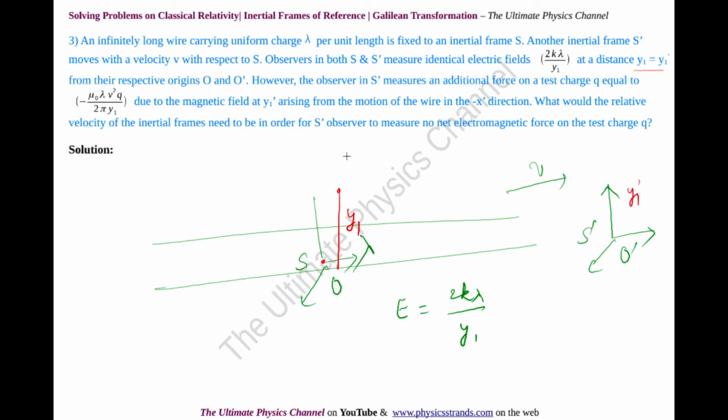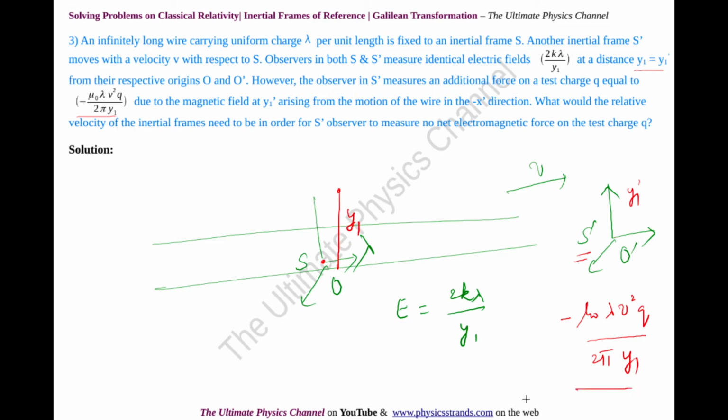However, the observer in S prime measures an additional force on a test charge Q equivalent to this expression. So there is an additional force component for the observer in this frame of reference, that is minus mu naught lambda v squared Q over 2 pi y1, or y1 prime, because these are equal anyway.